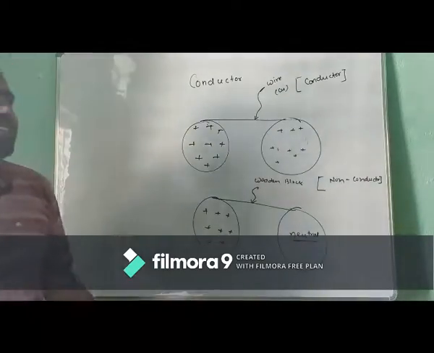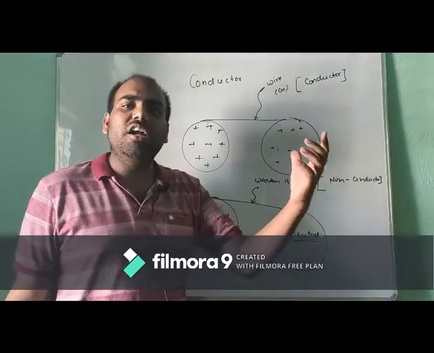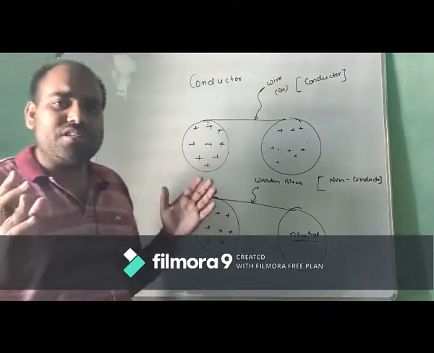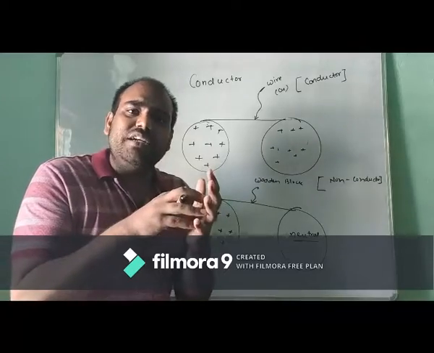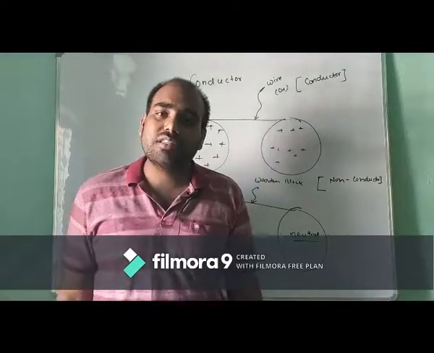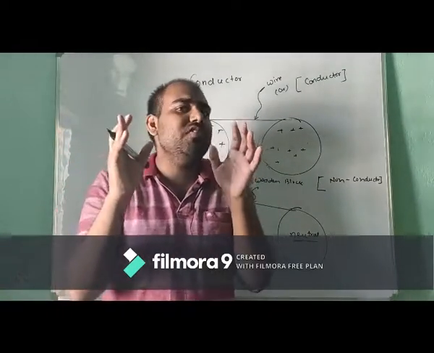Now let us understand this behavior of conductor and non-conductor on the atomic scale. In the atomic structure, the nucleus is present at the center of the atom, and electrons revolve around the nucleus. Now, what is a valence electron?